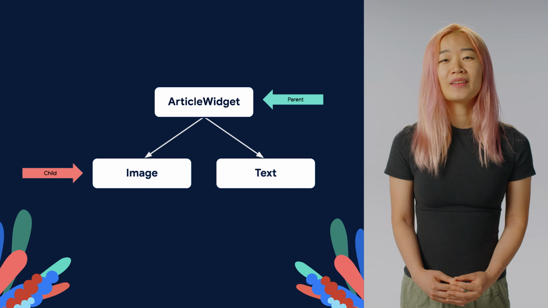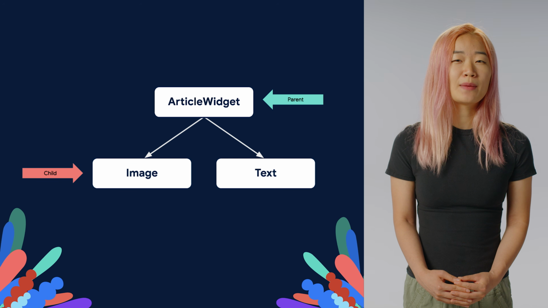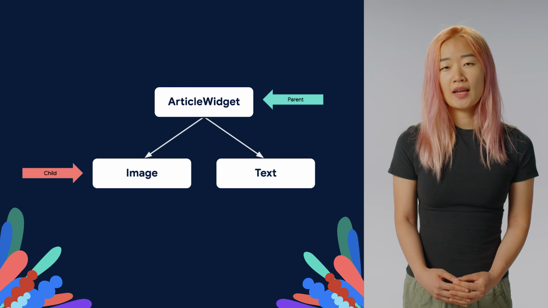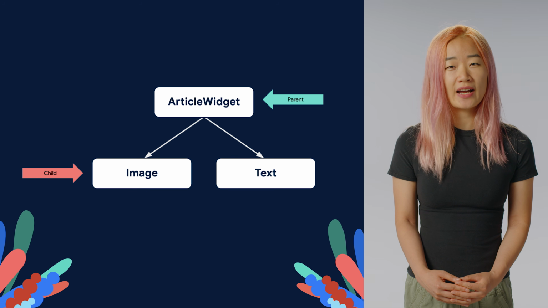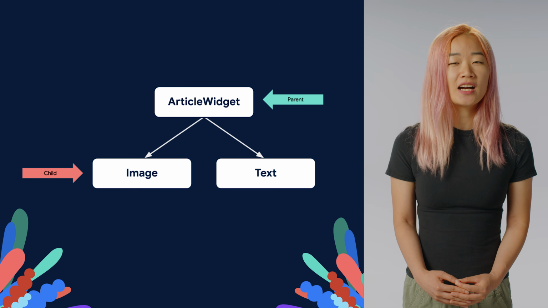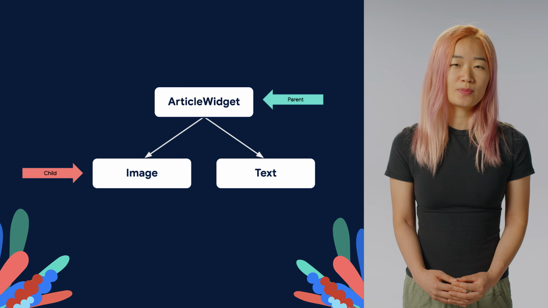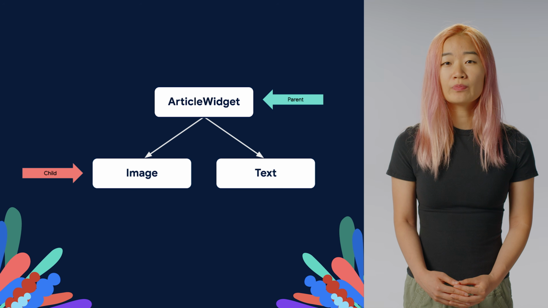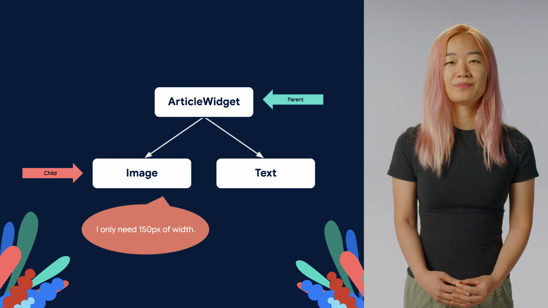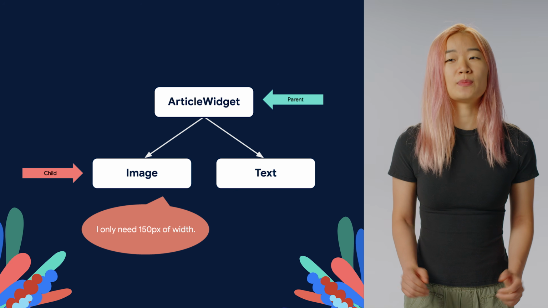For example, if an image widget is told it can be up to 200 pixels wide, it might check the actual image file and decide it only needs 150 pixels to display correctly. So, it reports back to its parent, I want to be 150 pixels wide.